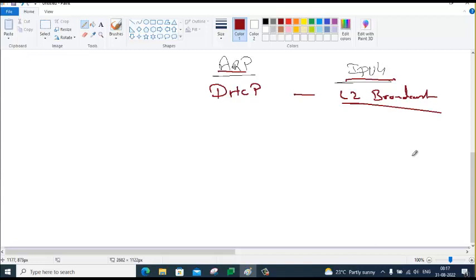Now, how does DHCP work? As we know, ARP stands for Address Resolution Protocol. Likewise, DHCP stands for Dynamic Host Configuration Protocol. So this protocol dynamically configures the host with an IP address.